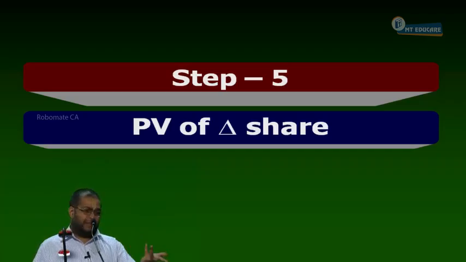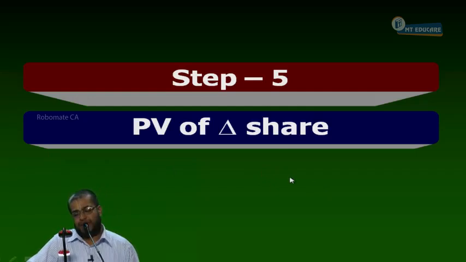Spot price into number of shares. Write down: present value of delta shares is equal to delta shares into spot price. We call this delta hedging; we will be studying it in the Greeks once again. Delta is a Greek letter.